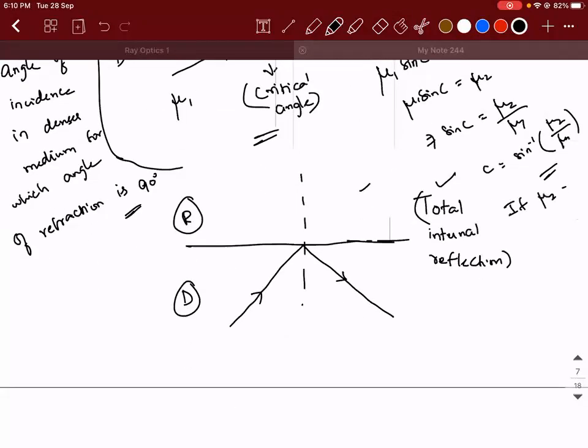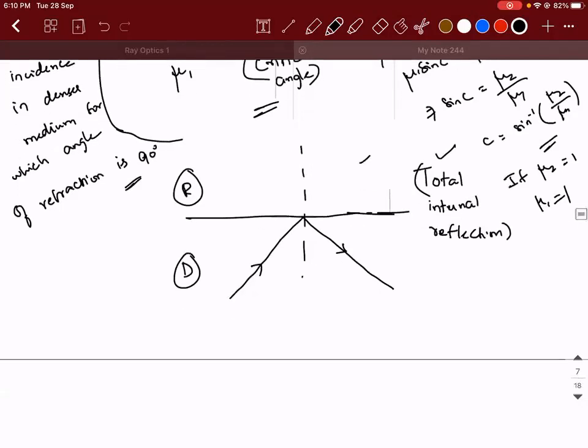If mu2 is equal to 1 and mu1 is taken as mu, then C will be equal to sine inverse of 1 divided by mu.